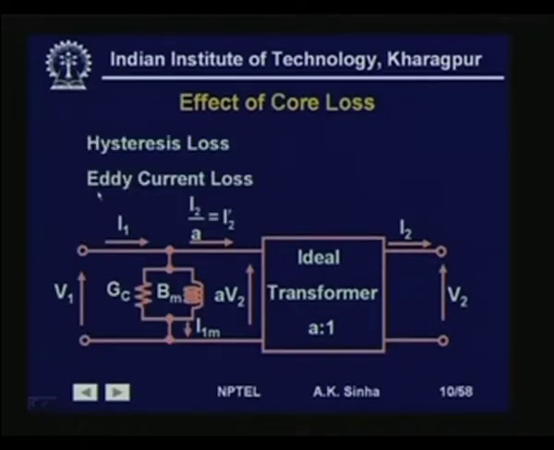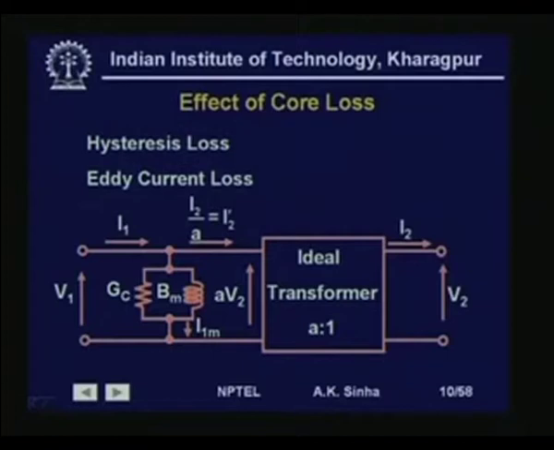Similarly, if we want to take care of the core losses, which consist of hysteresis and eddy current losses, we can model it by simply using a resistance or a conductance in parallel with this inductance. Here, since these two are forming parallel branches, it is much easier to work with susceptance and conductance.